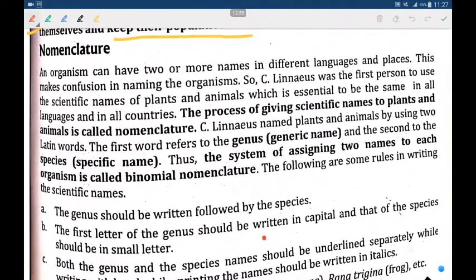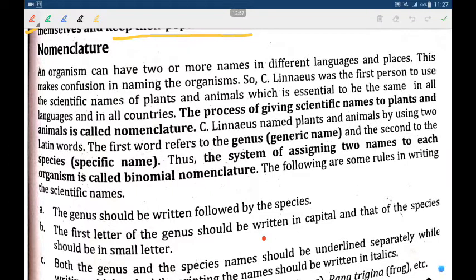After giving a name, it will be easy. So the process of giving a scientific name to either plants or animals is called nomenclature.